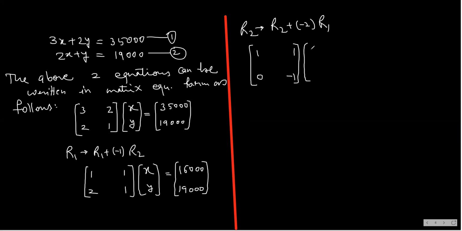No change to the post factor matrix, that will remain x and y only. And here, when you multiply minus 2, this will become negative 32,000. So this will remain 16,000 only, and down here you will get minus 13,000, because negative 32,000 plus 19,000 is minus 13,000.